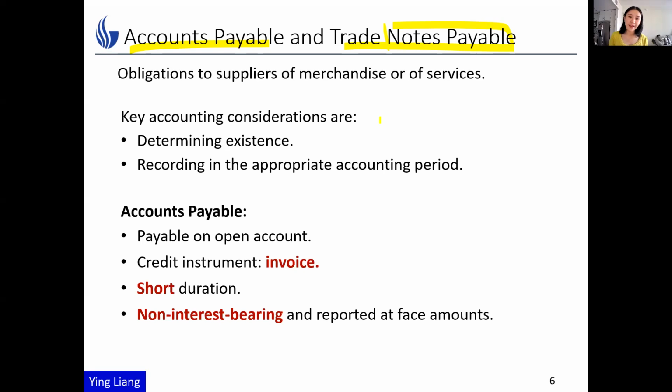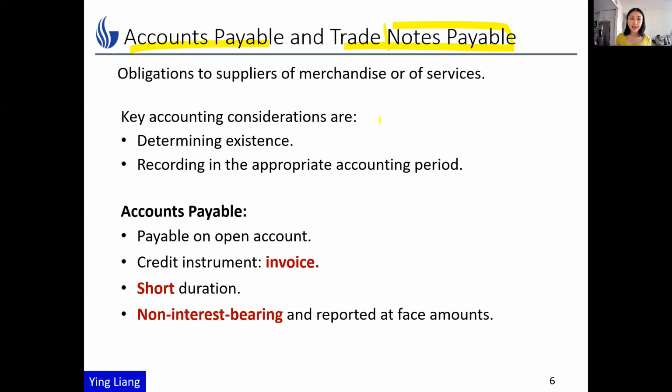Remember the 2/10 net 30, right? So paying back accounts payable is usually short, oftentimes 30 days, 45 days, or 2 months, which is 60 days. These liabilities typically are non-interest bearing and are reported at their face value. Of course, it's really short.